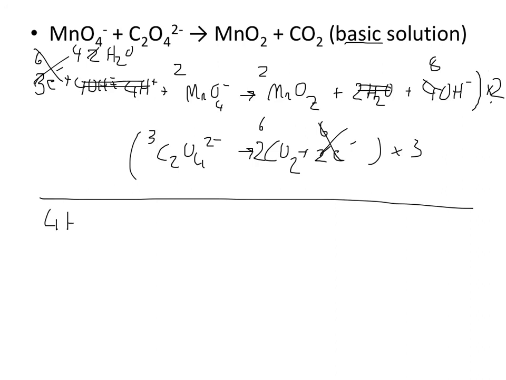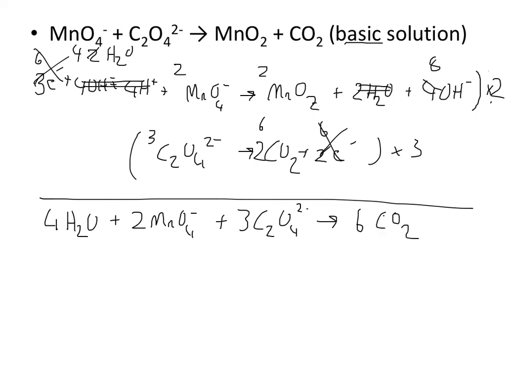We're left with 4 water plus 2 MnO4- plus 3 oxalate, C2O4 2-, to produce 6 CO2, plus 2 MnO2.